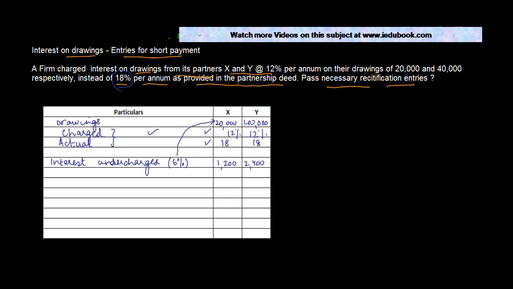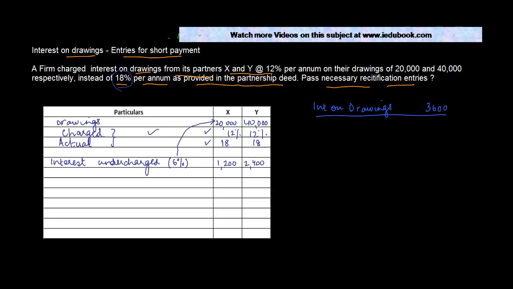Now whenever interest is undercharged, what will happen? So normally if you would have charged interest, okay, you would have passed the entry interest on drawings. How much is the interest on drawings? 3,600. So what will be the entry?